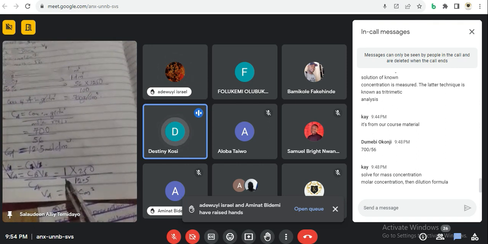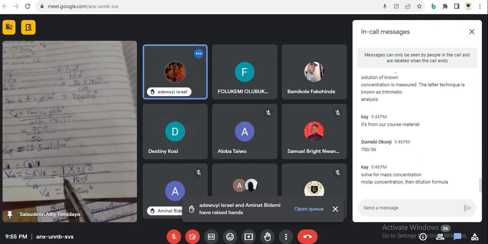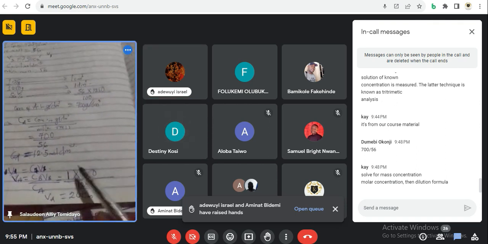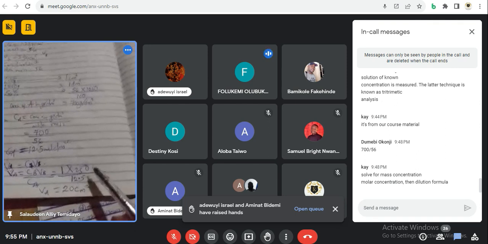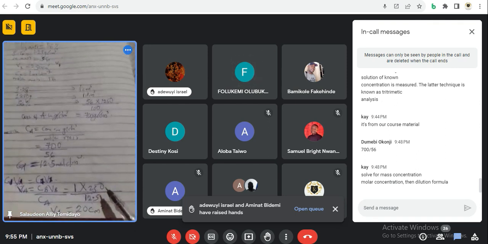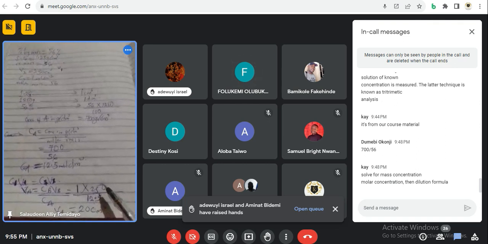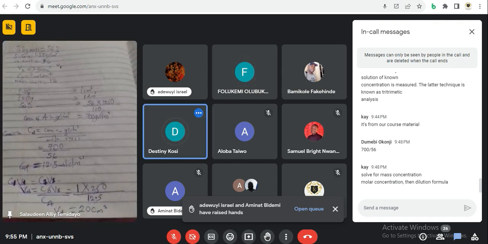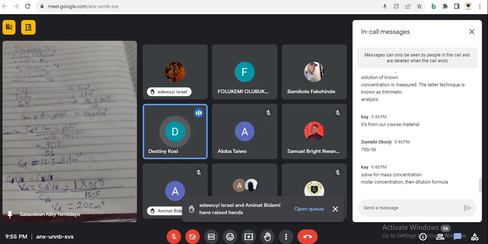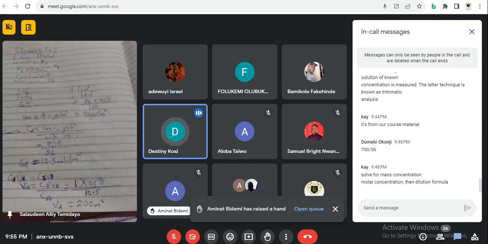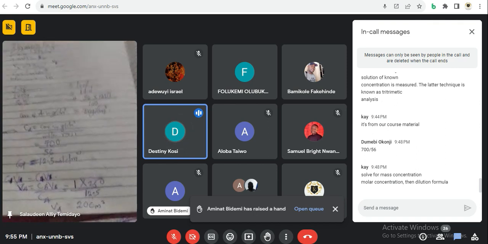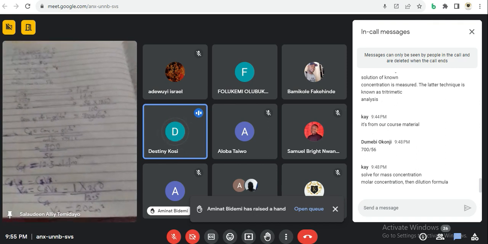Your volume is 250. 250 divided by 12.5. Maybe you should press your calculator. When you substitute it, that's 2. 12.5 times V1 equals 1 times 250, which is going to give you 250 over 12.5, which is 20.